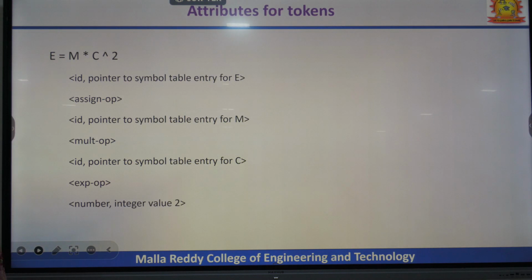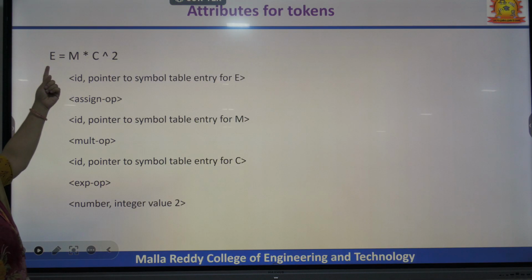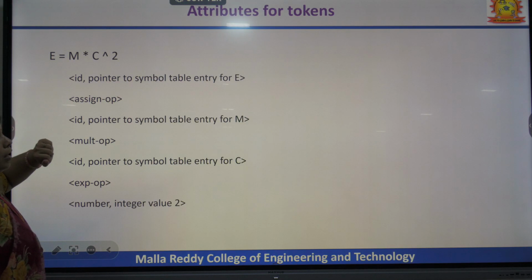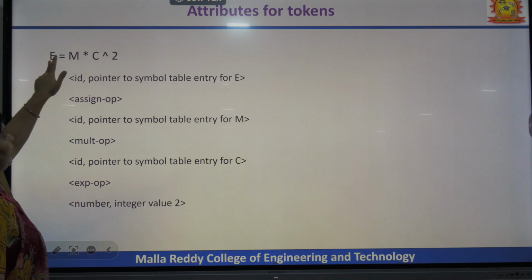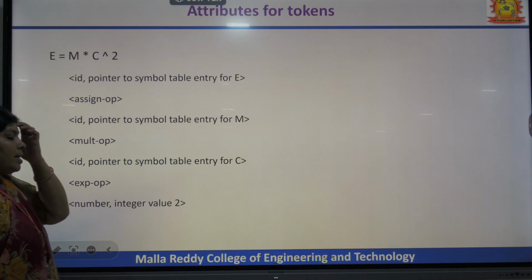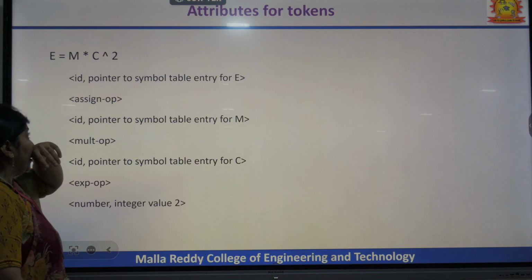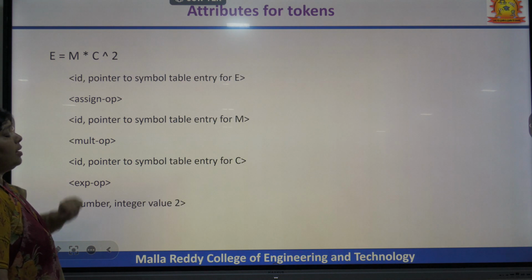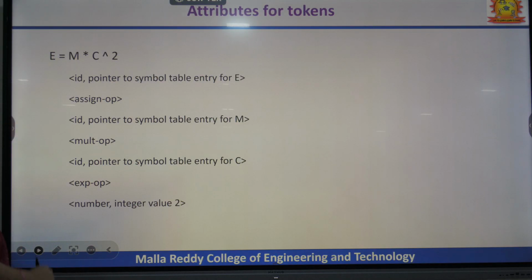If we take E = MC^2, here E is an identifier, because between E and equal to there is a mismatch: E is a character while equal to is an operator, so only E will be taken and identified as an identifier. Equal to is an assignment operator, M is again an identifier, then the multiplication operator, then C is again an identifier, then the exponential operator, and then 2 is a number. Like this it will identify the tokens.